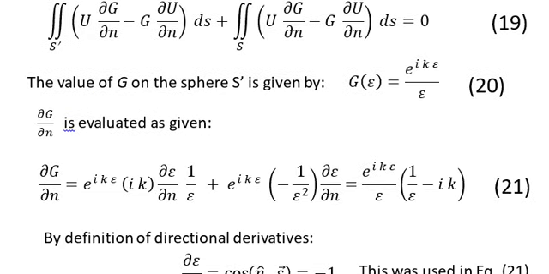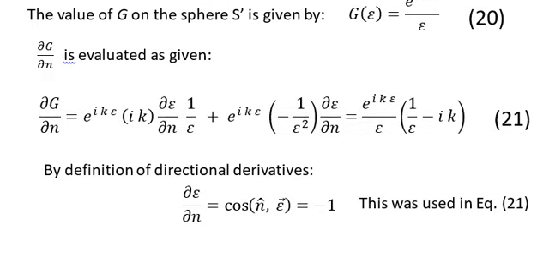The value of G on the surface S prime is given by, and you know that this S prime surface has a radius epsilon from the point P naught. So G of epsilon will be equal to e to the power i k epsilon over epsilon. And the partial derivative of G with respect to n is evaluated using equation number 20, which is given below in equation 21. These are simple mathematical equations from calculus.